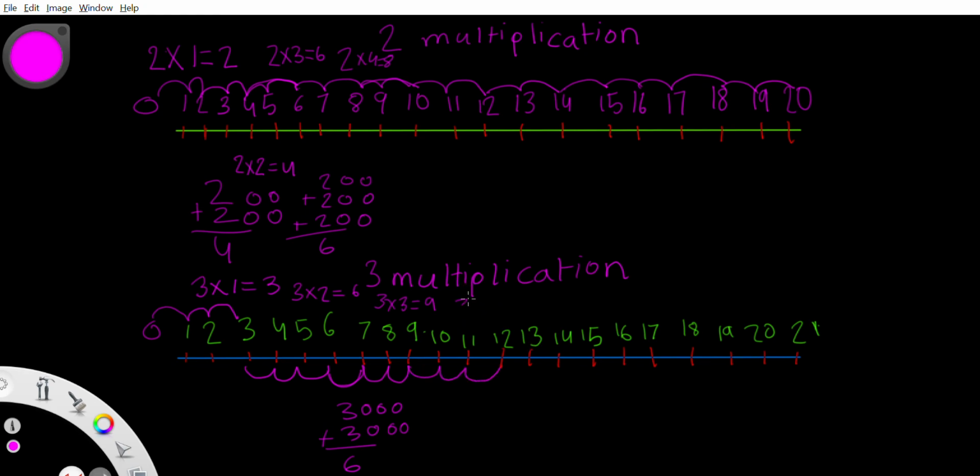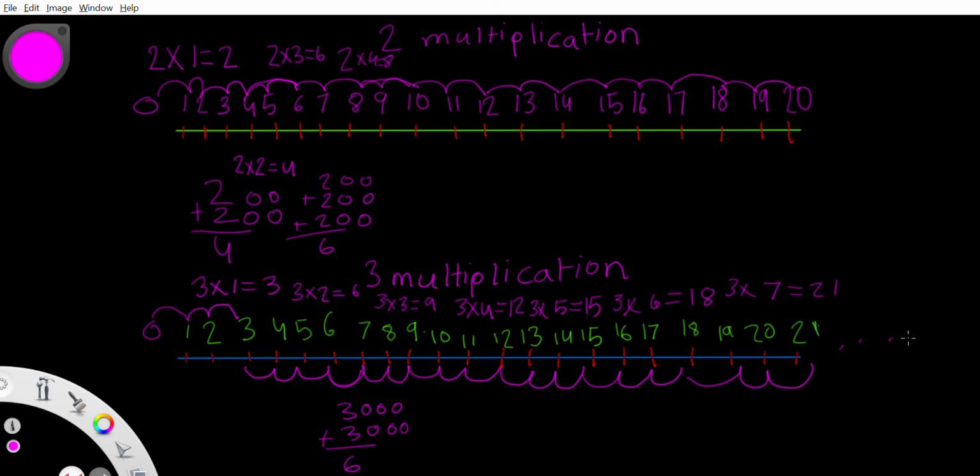So 3 times 4 is going to be 12. 1, 2, 3. 3 times 5 is going to be 15. 1, 2, 3. 3 times 6 is going to be 18. 1, 2, 3. 3 times 7 is going to be 21, and so on. So that's how you do it.